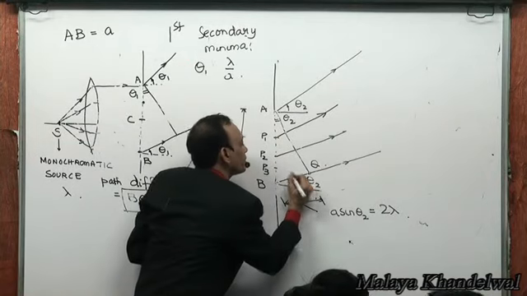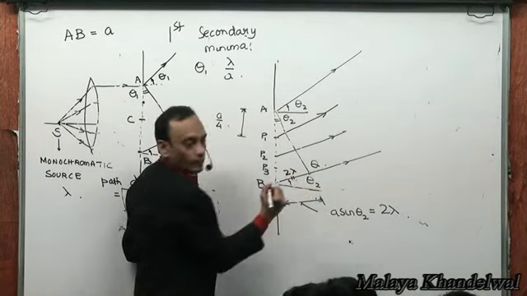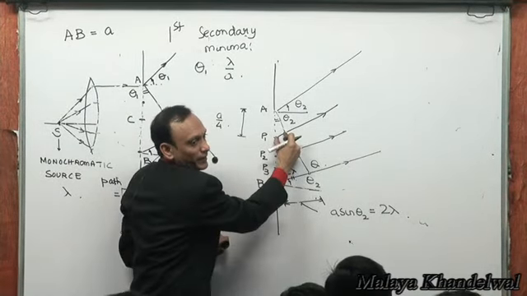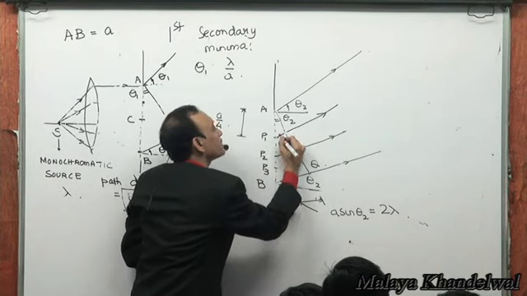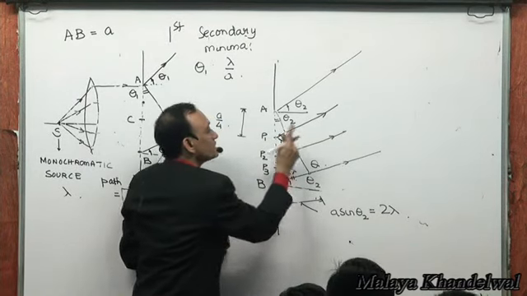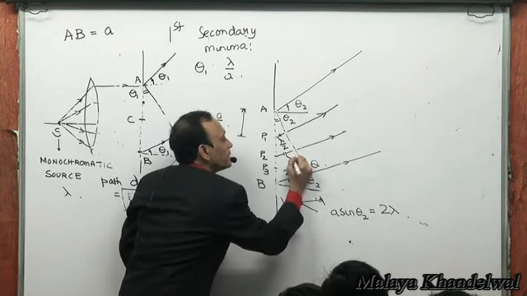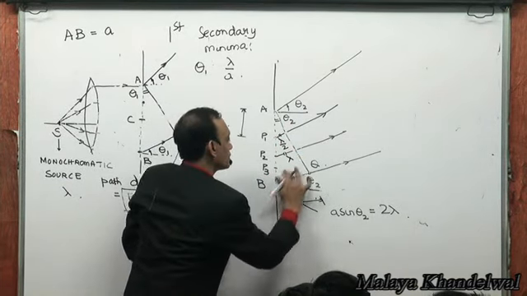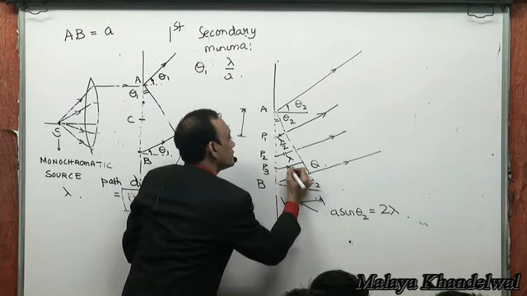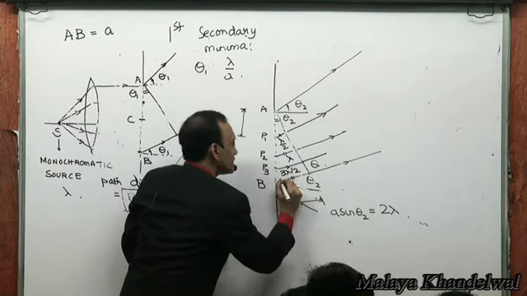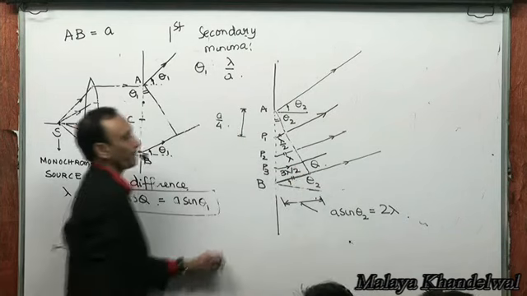This was 2 lambda. So each time it must have increased by lambda by 2. That means this path difference must have been lambda by 2, this length lambda, this length 3 lambda by 2, and this length 2 lambda.